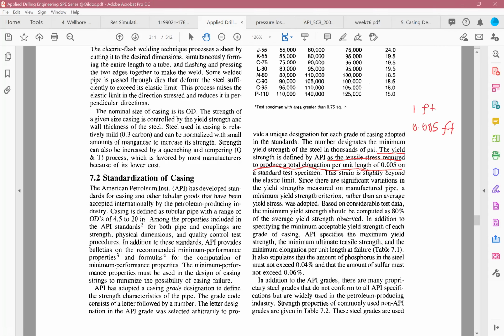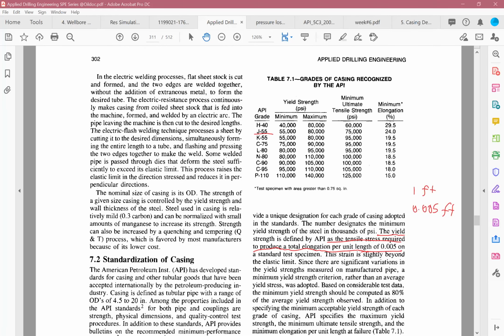And the force that you need to change the size of the casing by 0.005 feet is called the yield strength. Now, different companies report different values of yield strength. So they decided to define a minimum yield strength, meaning that the casing you are giving to us should have at least, for example, for K55 or J55, 55,000 PSI of yield strength.